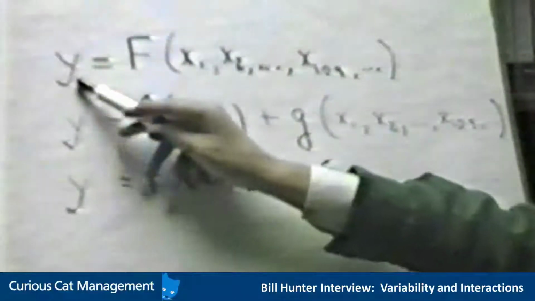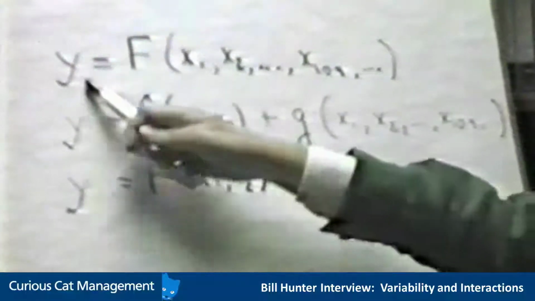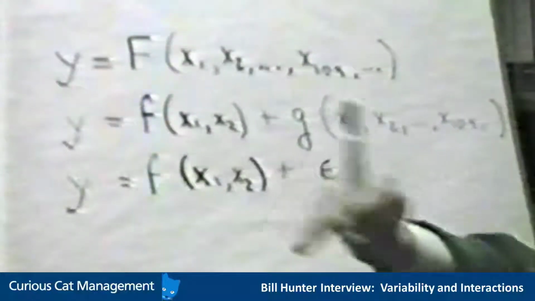There may not be one y like the yield of the chemical reaction, but there may be performance characteristics of this product that are also over here, like y2 might be how shiny the product is, or how well it tastes to customers. It can be quantitative things, it can be qualitative things.